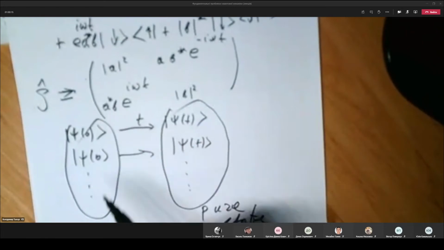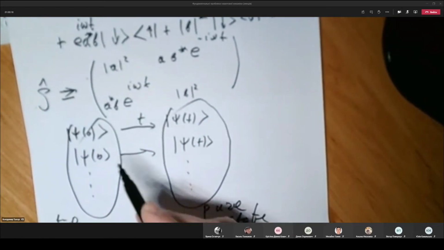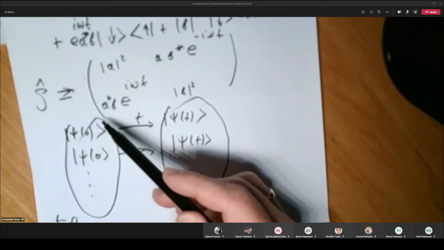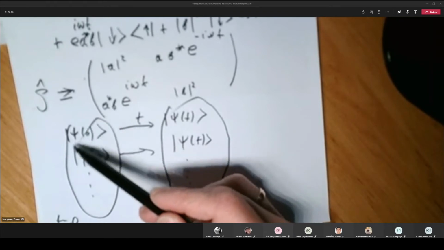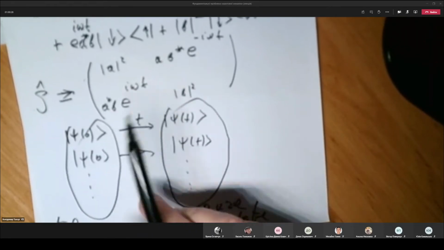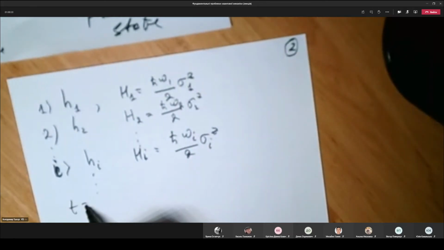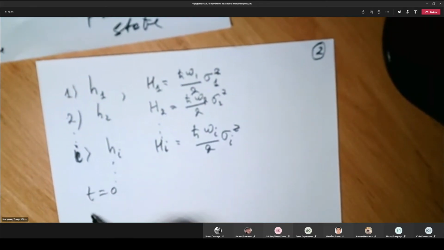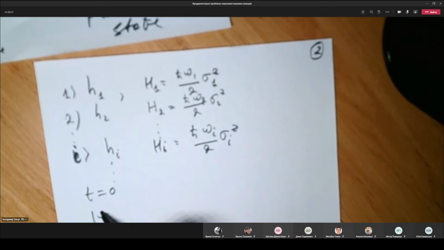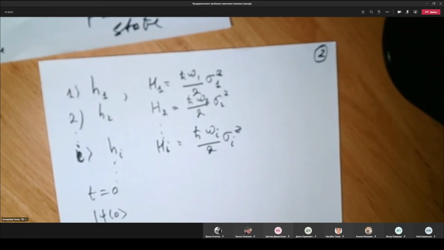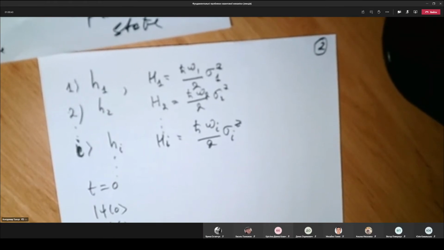At the time t equal to 0, we have the same initial state as here, when each spin interacts with the same magnetic field. At time t equal to 0, each spin is in the state psi 0: the first spin is psi 0, once more psi 0, and so on.